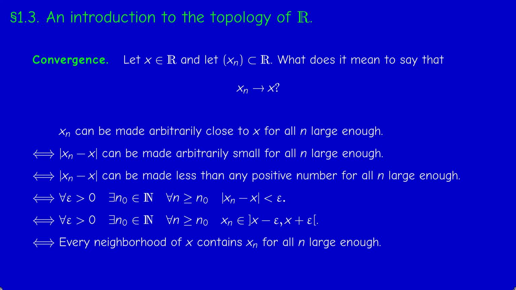Every neighborhood of x contains xn starting from a certain rank. So all these ideas are equivalent, if you like. Usually we take this line as the definition, but don't forget that it's a precise mathematical translation of this idea of approximation or approaching. So we approach x by a sequence xn.